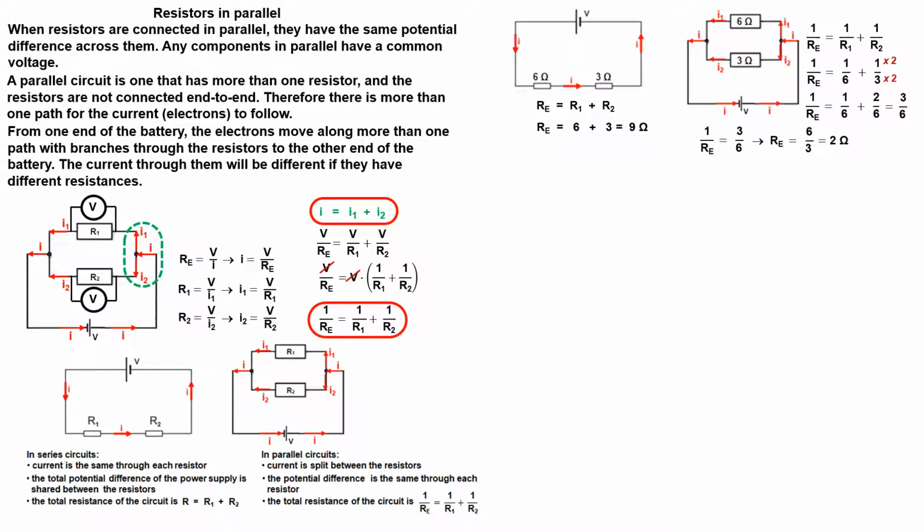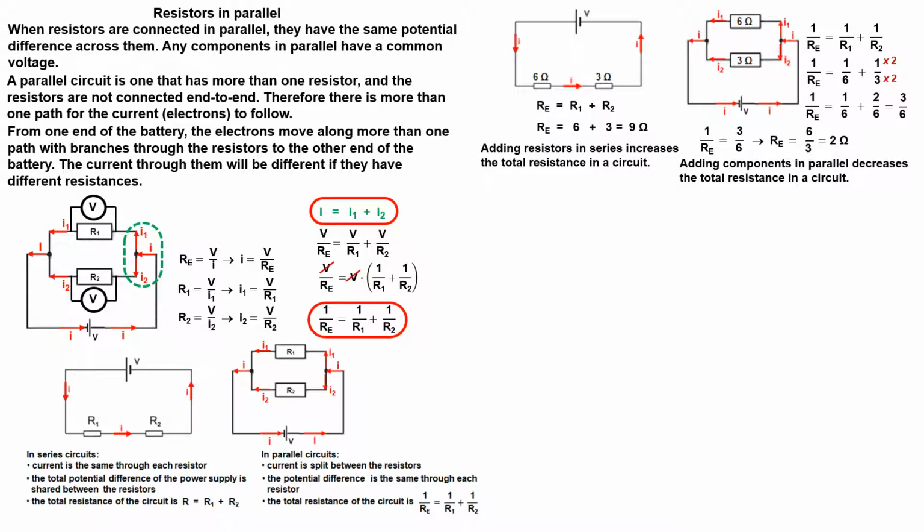You should see that adding resistors in series increases the total resistance in a circuit, and adding resistors in parallel decreases the total resistance in a circuit. Series circuits have a serious problem compared to parallel circuits.